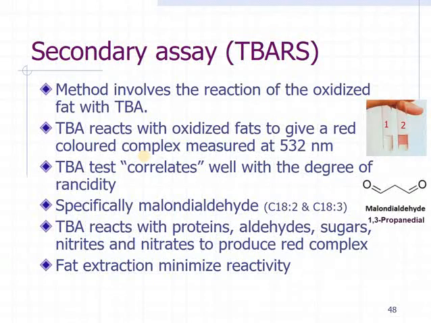Remember in the practical we had coconut oil or coconut fat, olive oil, sunflower oil, and the results we obtained were also correlating with the number of double bonds those lipids contained. But there are some discrepancies in terms of this TBA or TBARS method.